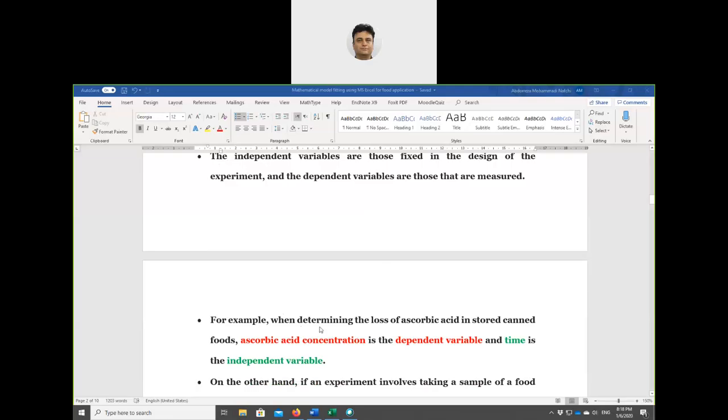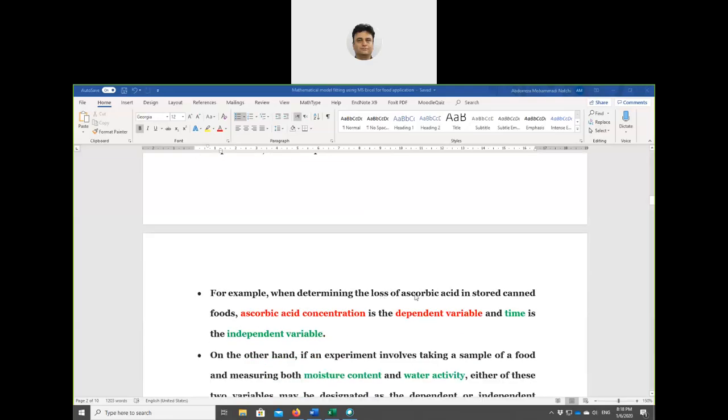For example, when determining the loss of ascorbic acid in stored canned food, the ascorbic acid concentration is the dependent variable, because we want to measure it, and time is the independent variable.